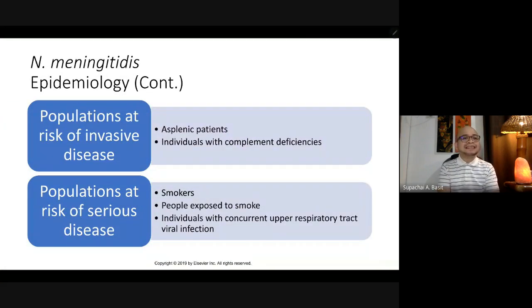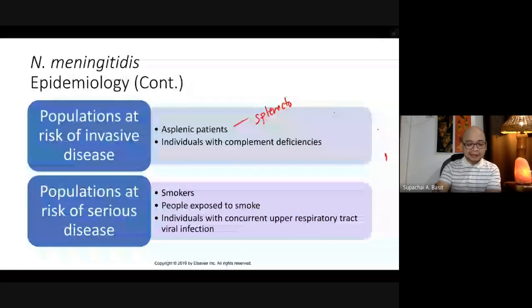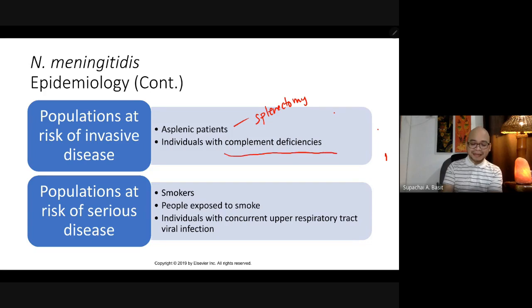So who are the at-risk populations? Asplenic patients, meaning these patients have undergone splenectomy already, so their spleen is removed, and they are more immunocompromised. And individuals with complement deficiencies. Again, remember, complement is a serum protein and it is a natural defense of our body.